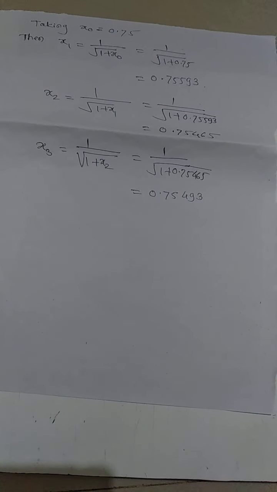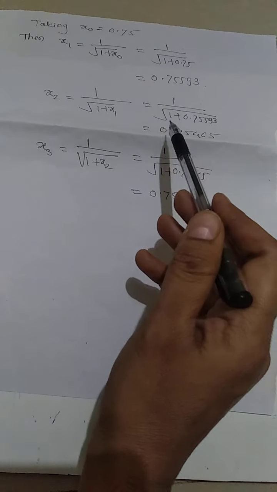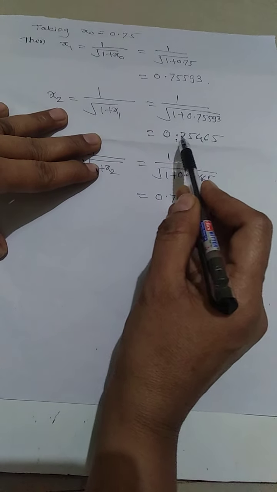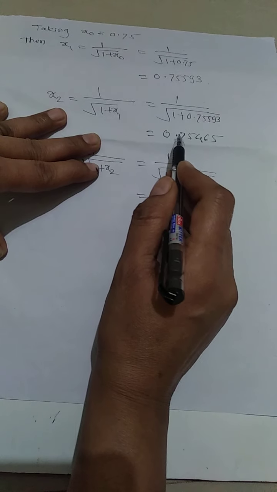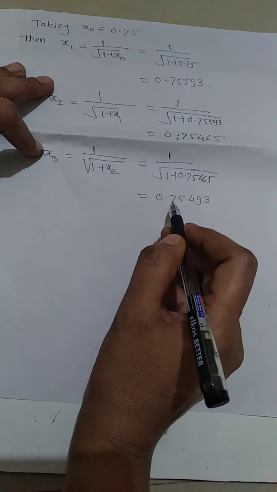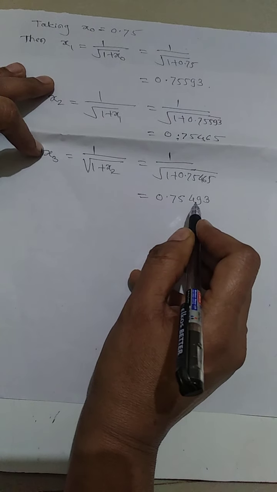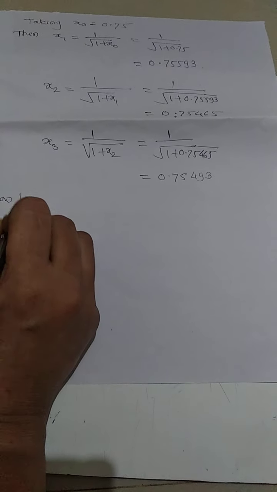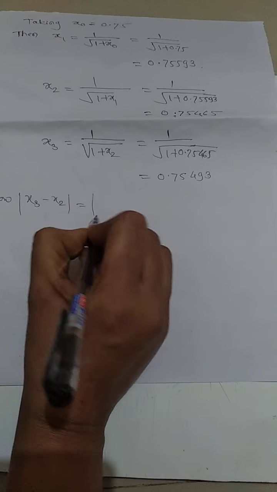Here we see that x2 and x3 have the same value up to 3 digits after the decimal point. After the decimal point, the value of x2 is 754, and x3 also has the same 754.